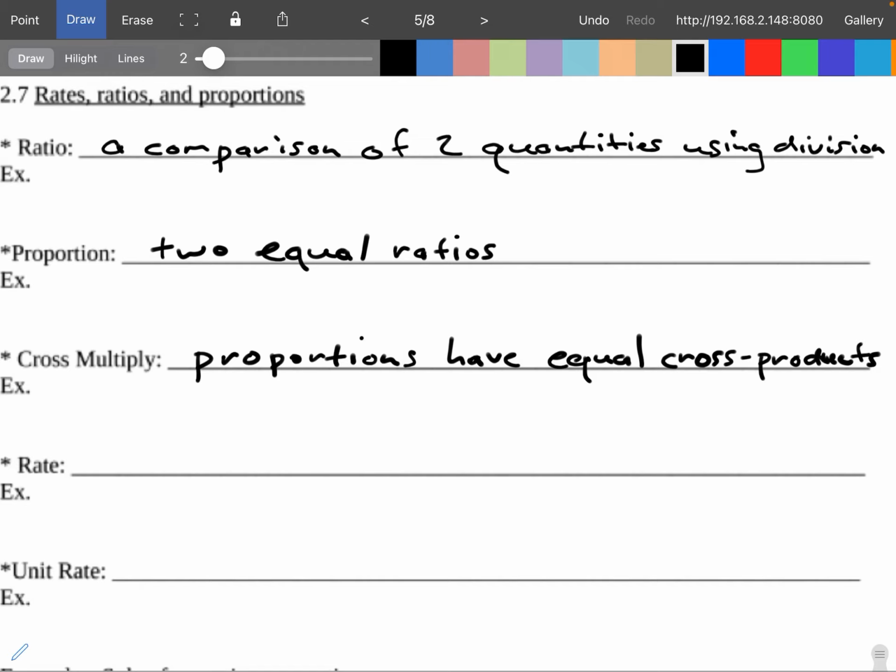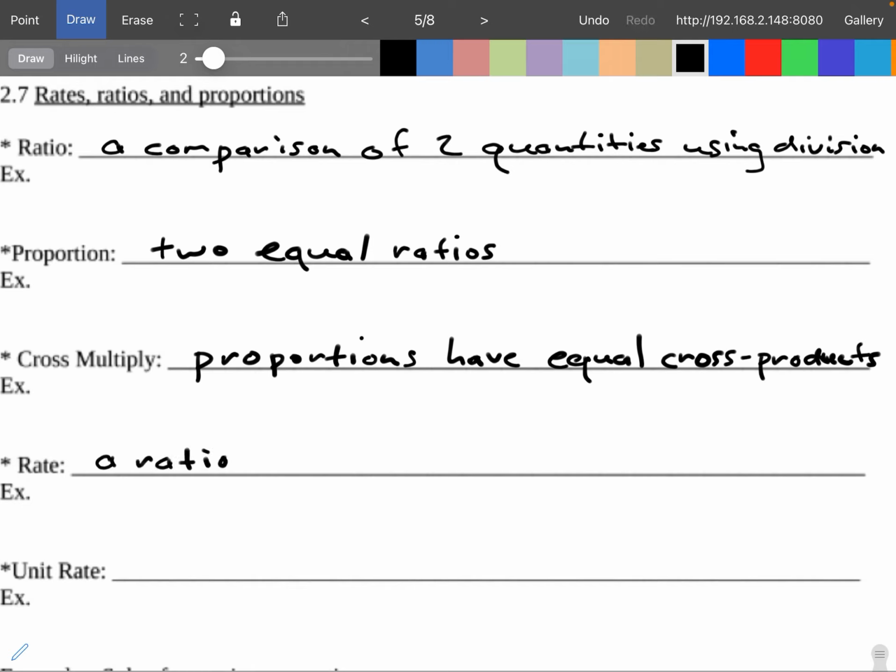And then a rate. A rate is just a ratio with two different units. So it's just a fraction with two different units of measure.